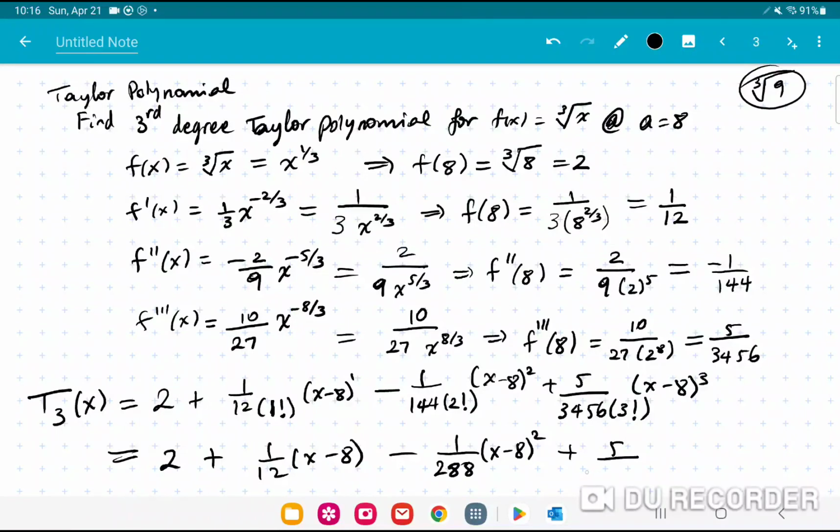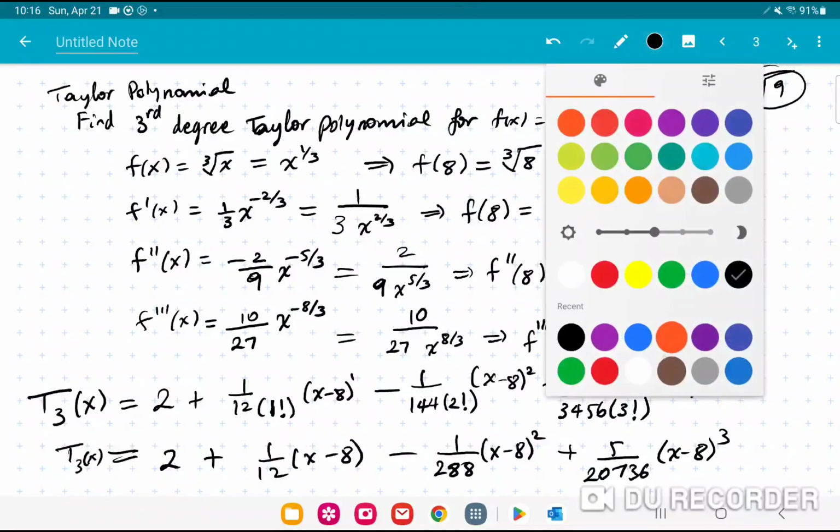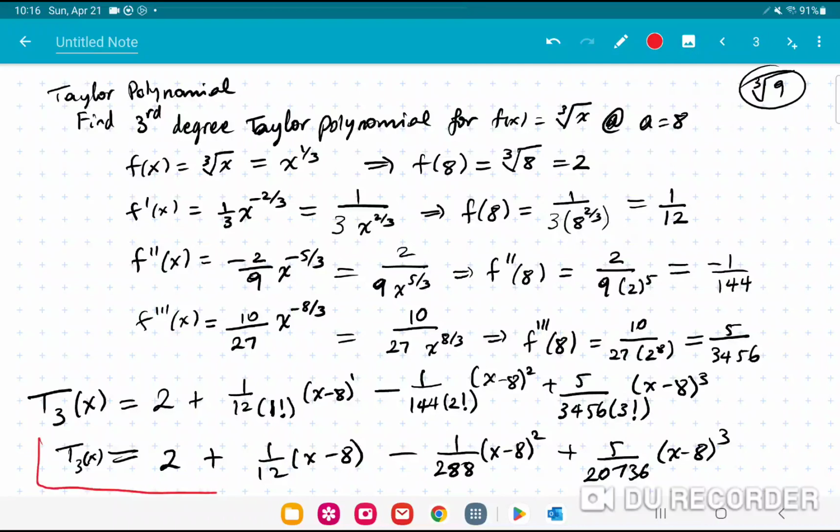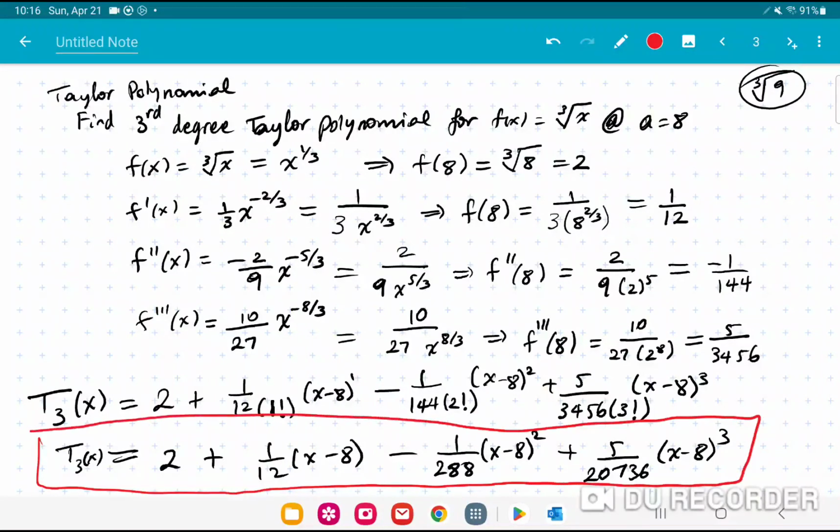It comes out as 20,736 x minus 8 to the power of 3. So that's the third degree Taylor polynomial. We don't want to FOIL it. We want to leave it like that. So that's the third degree Taylor polynomial for the given function centered at 8.